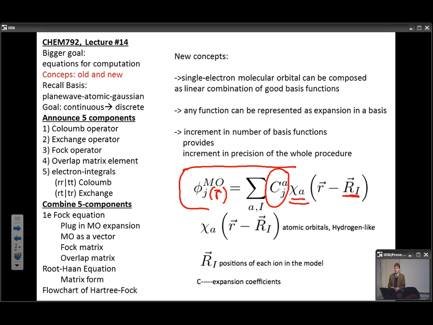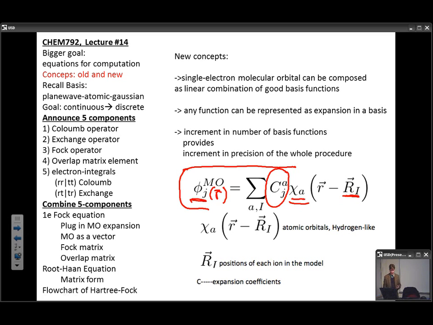Not very important for basic ideas, but practically, some people focus on the following property. A molecular orbital can be represented as an expansion over a different number of atomic orbitals, and atomic orbitals can be represented in the form of different functions, more or less successful.